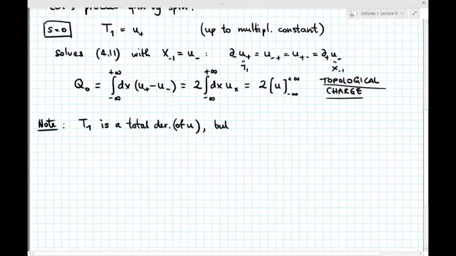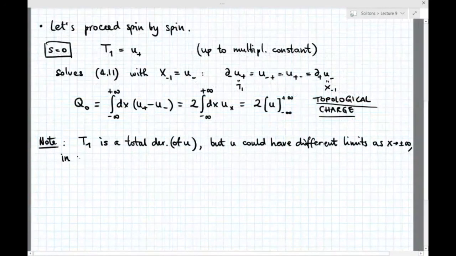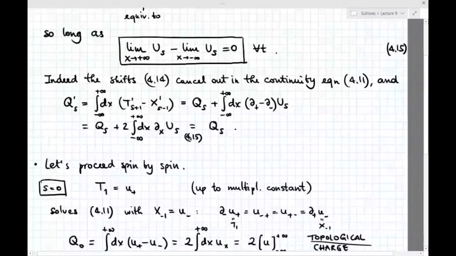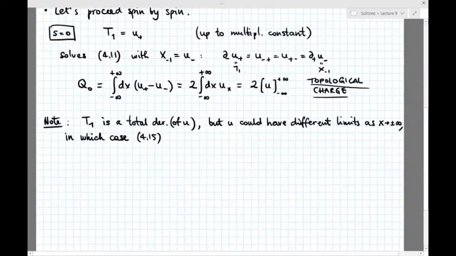However, you could have different limits at plus and minus infinity, in which case the limiting condition 4.15, here it is, would not be satisfied by capital U equal to minus small u.